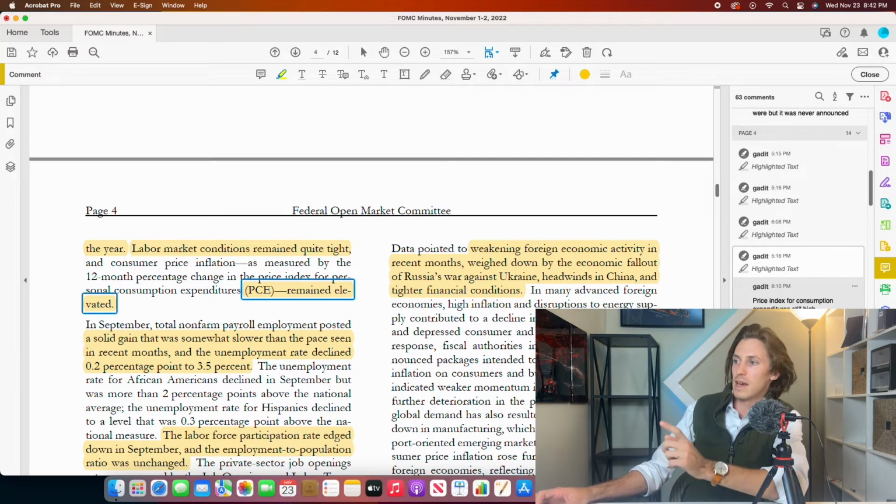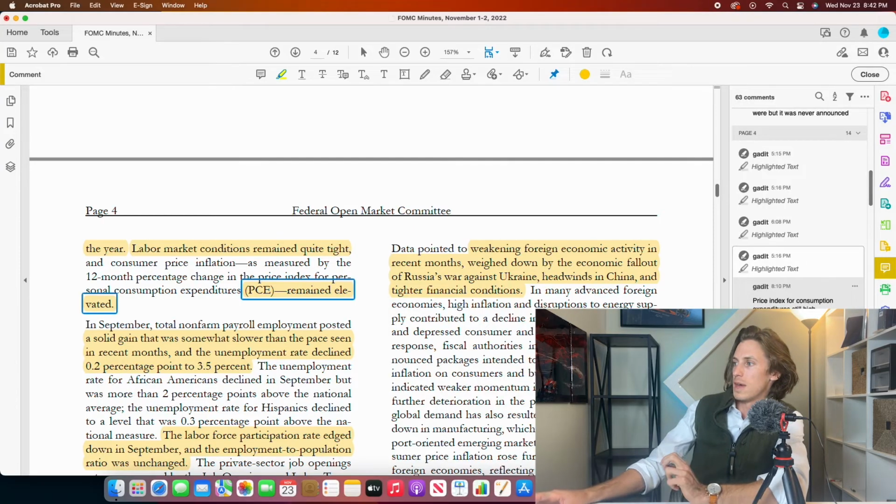The PCE, again, this price consumption index, was at 6.2% compared to September of last year, 5.1% if we only consider core inflation. Core inflation in this index is pretty much anything that has to do with inflation minus food and gasoline. Why does the Fed look more at this?